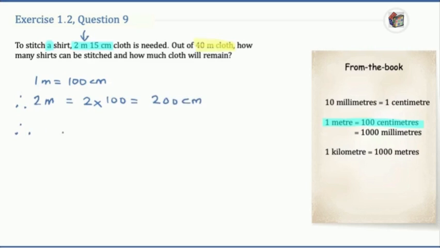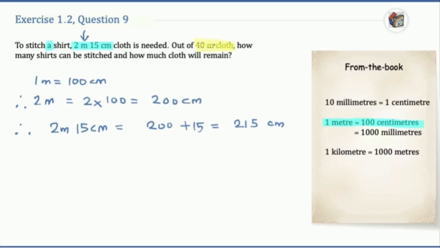Therefore, the actual amount of cloth that you need for one shirt, that means 2 meters 15 centimeter, will become 200 plus 15. That will be the total centimeters you want. So it is 215 centimeter. This is what you need for one shirt.